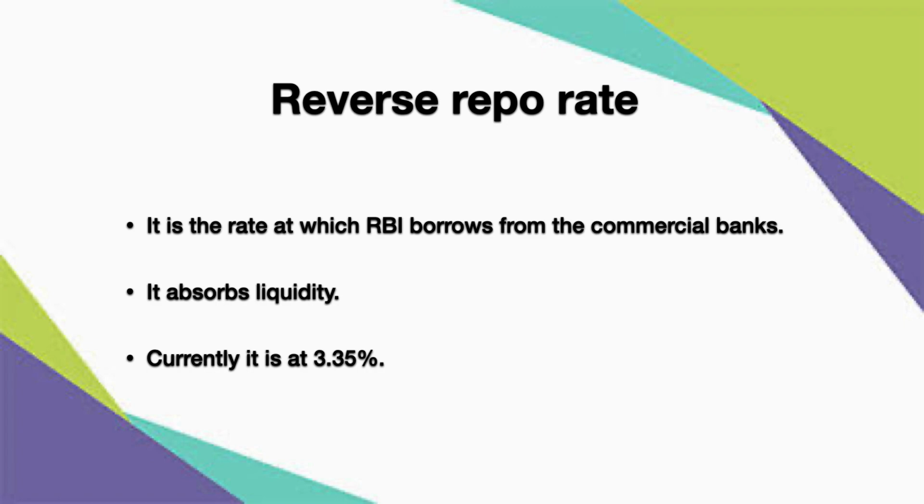And even at a higher rate of interest, it is difficult for RBI to control or track, right? So therefore, what the RBI does is it takes money from the commercial banks, of course at an interest rate. So it absorbs liquidity. So the money flow in the economy will be controlled, and this is the step taken by the central bank. Now currently the reverse repo rate stands at 3.35%. Hope you have understood all the 5 rates: statutory liquidity ratio, cash reserve ratio, repo rate, bank rate and reverse repo rate.